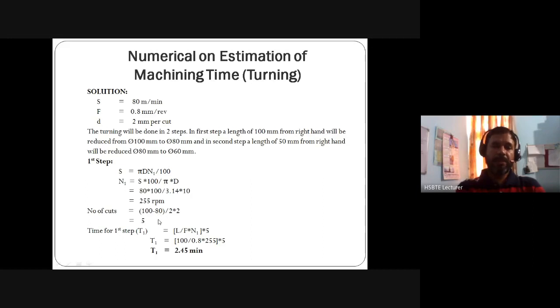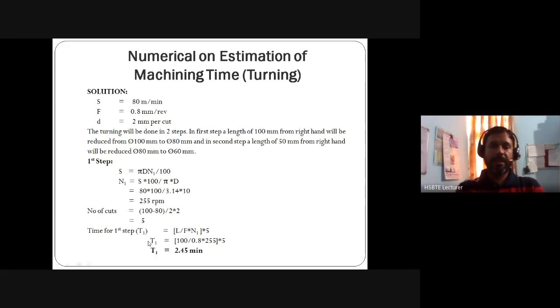Next we have to find out the number of cuts. We are reducing the diameter from 100 to 80, meaning 20 millimeter of material we have to remove, and in one cut we are removing 4 millimeter. So the number of cuts is (100 minus 80) divided by 2 into 2, that is 5 cuts required to reduce the diameter from 100 to 80.